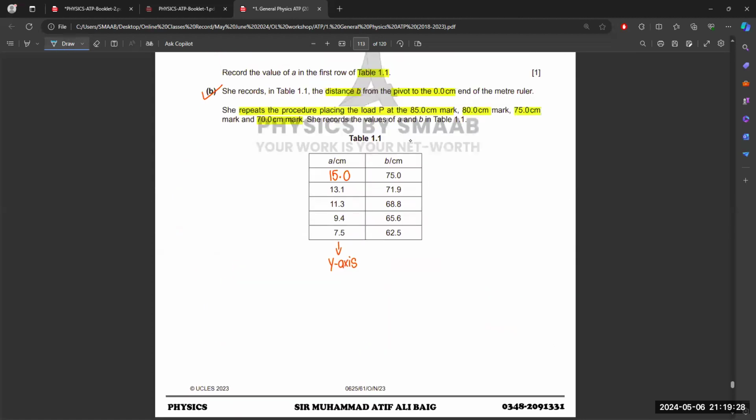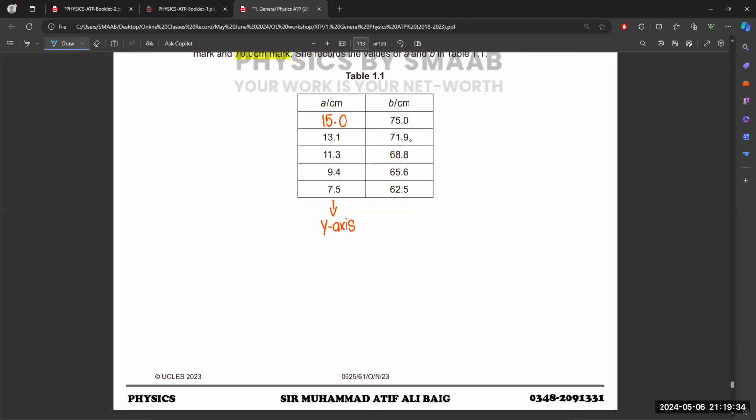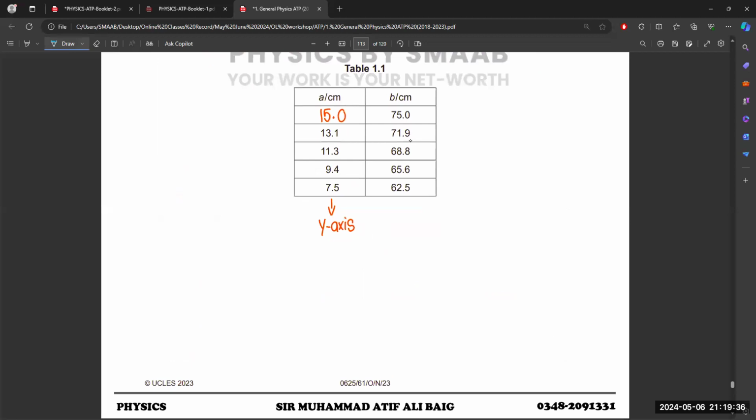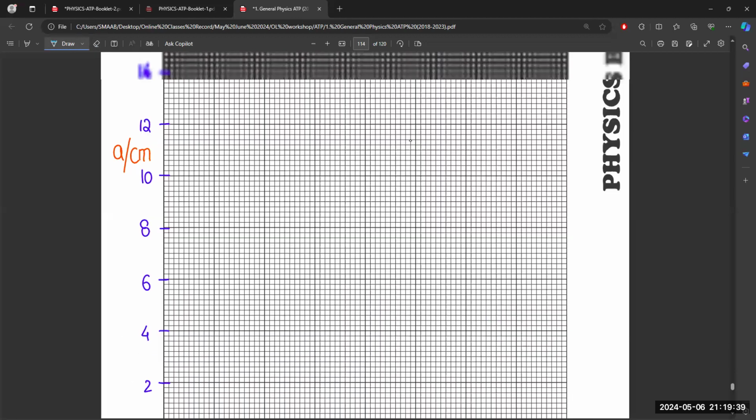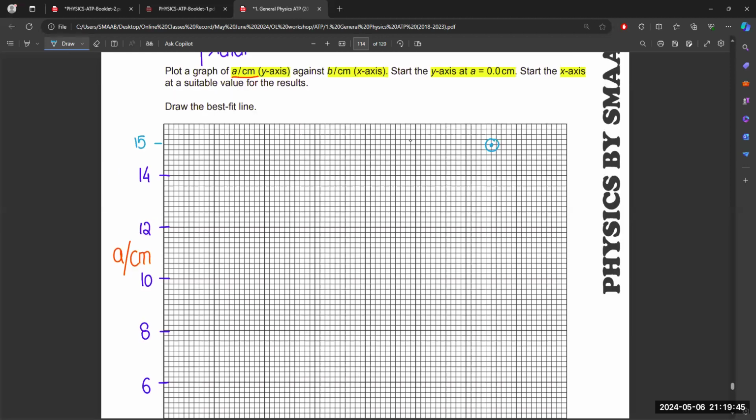And the second point is 13.1, 71.9. So 13 is, this is 15. Then 13, this is 13. And we have to mark 13.1. So 13.1 is between 13 and 13.2.